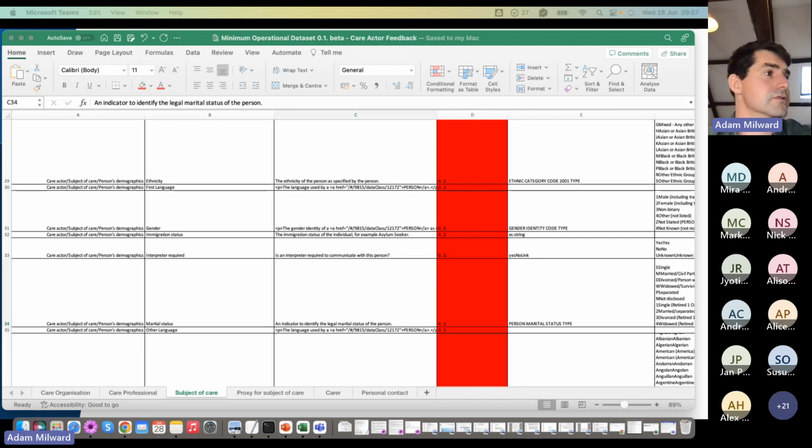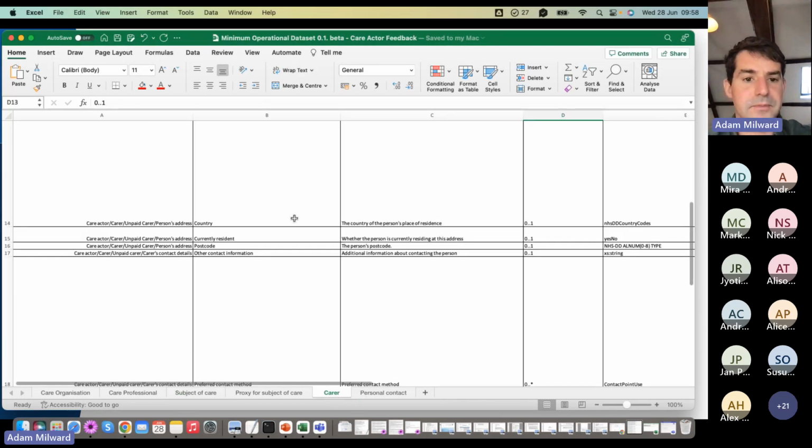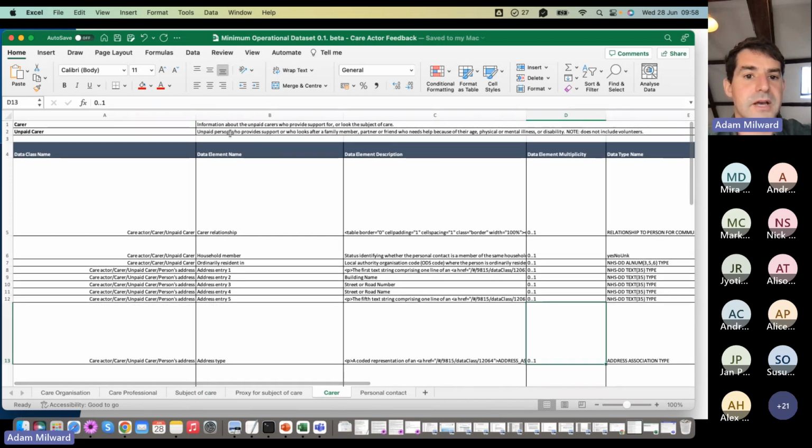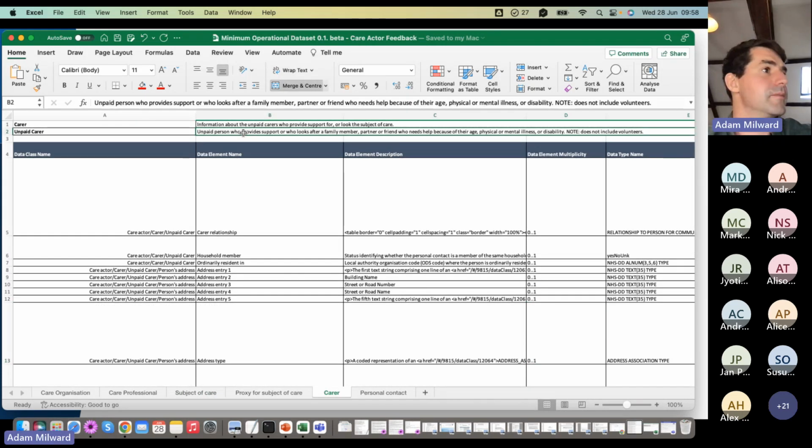We've had a lot of back and forth on terminology in terms of what we use as titles for these things. I think it's always going to be split, but we'll definitely take on the feedback. But definitely the definition of carer is an unpaid person who provides support, who looks after a family member. So that's 100% right. And then, is an unpaid carer classed as a care actor? Yes, definitely. They're a person who is part of the care system, so they're definitely one of those care actors.